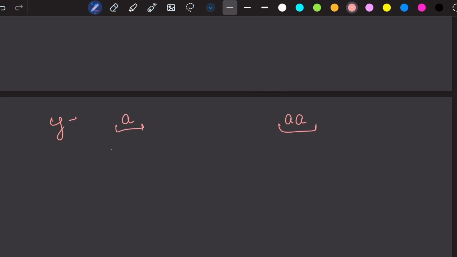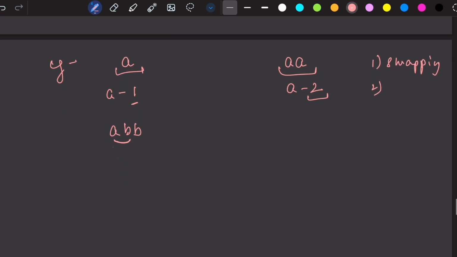How? Because the count of A is 1 and the count of A is 2, we cannot get more count without having another character, because the first operation was swapping, and for the other operation, if there is another character, let's say it is ABB, we can change these and their count, so it will be B one time and A two times.